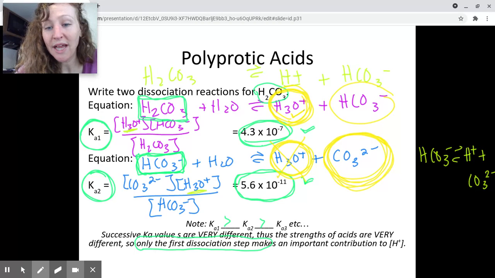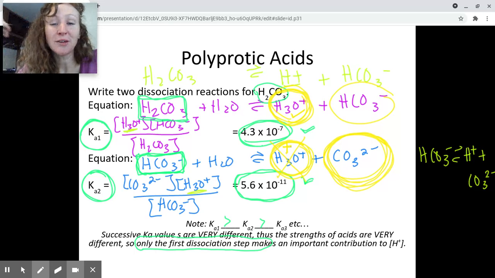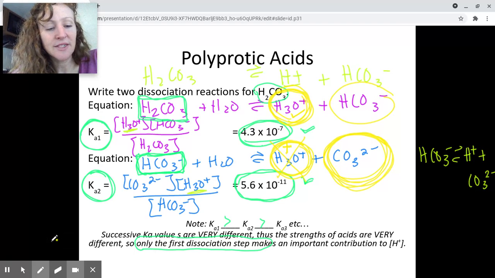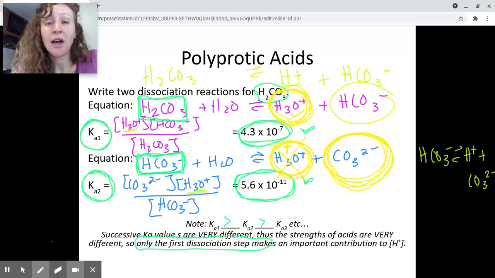This one will add a little bit of hydrogen to your amount, and then you're going to round off that amount of hydrogen when you account for significant figures. So lots of details and facts to know about polyprotic acids, but in the long run, when you come up against a polyprotic acid, you're going to treat it just like a monoprotic acid, and it really isn't going to change your problem at all.